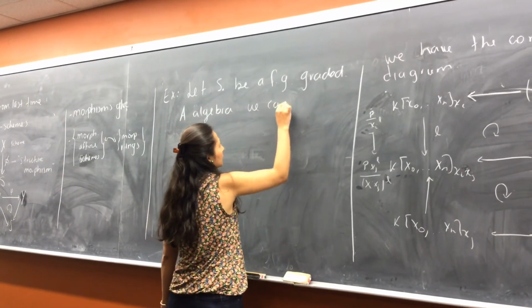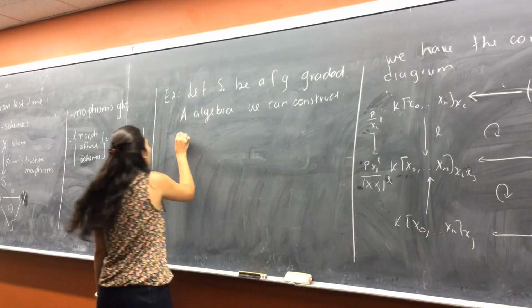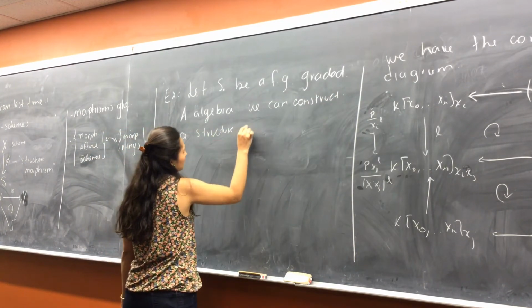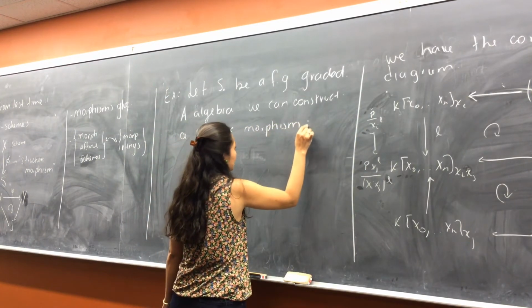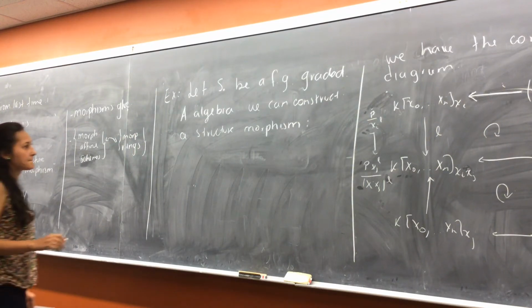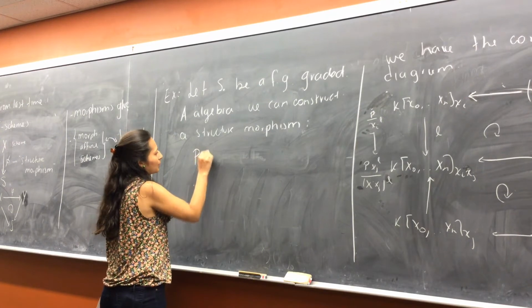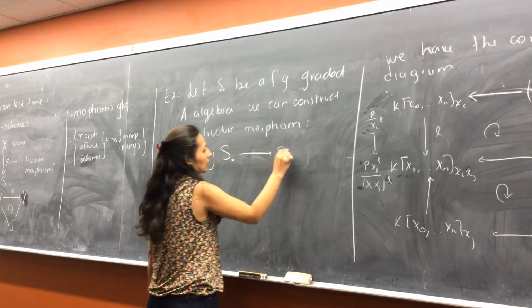We can construct a structure morphism as follows. I'm thinking of the structure morphism from Proj S to Spec A.